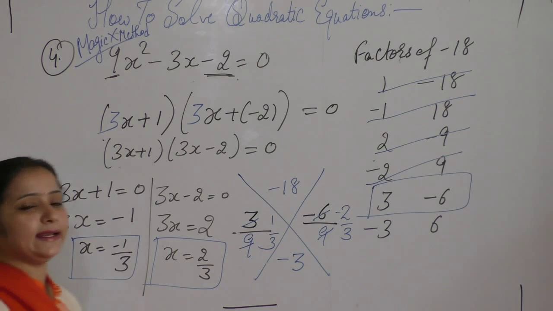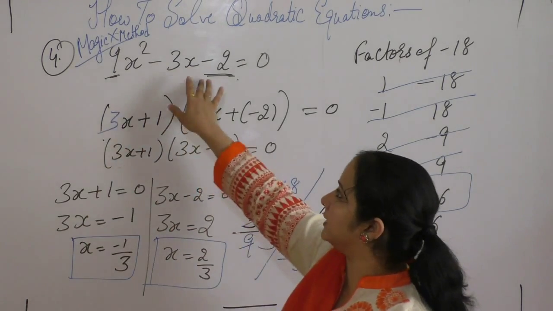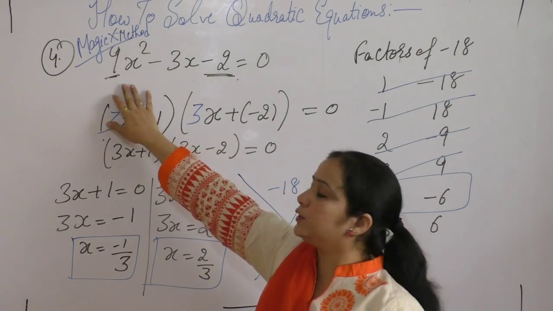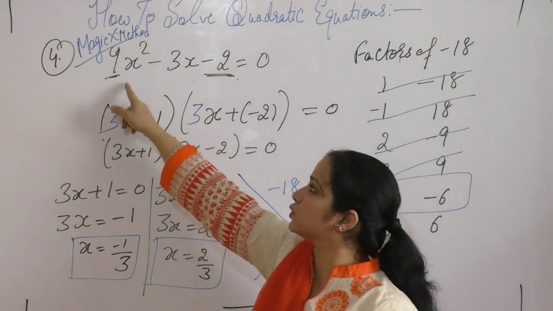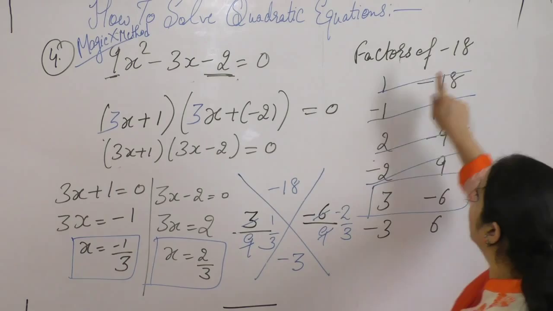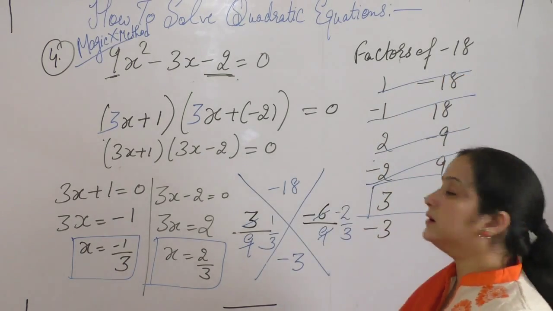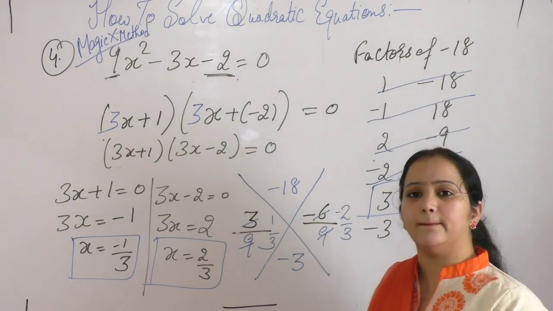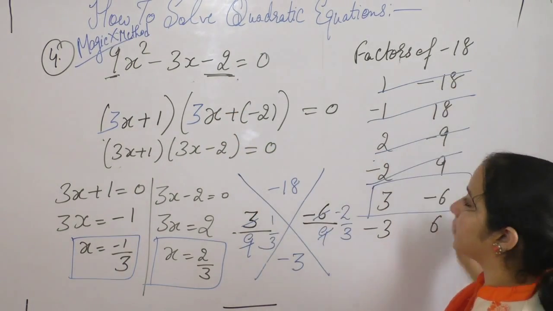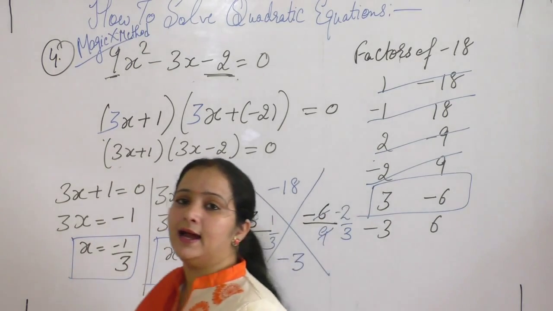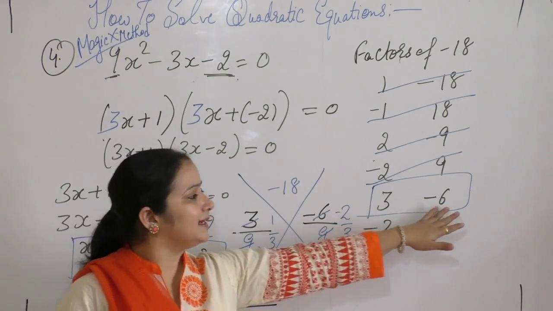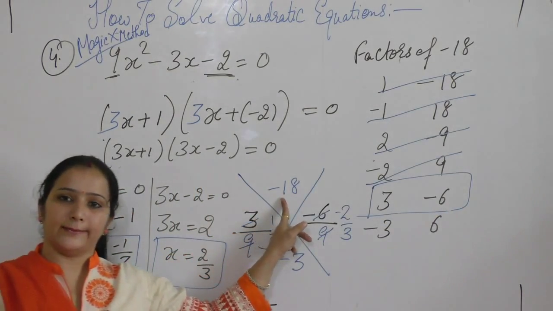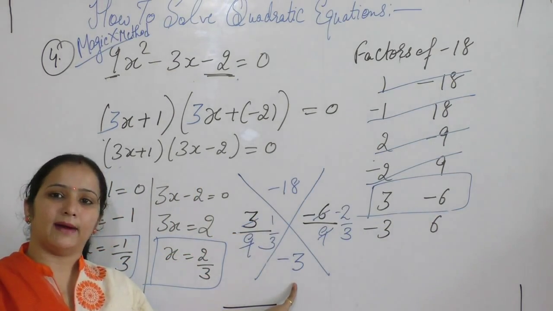I am again repeating: since there is nothing common in this equation, multiply 2 into 9, that is -18. On multiplying we want the term -18, and on adding we want the term -3.